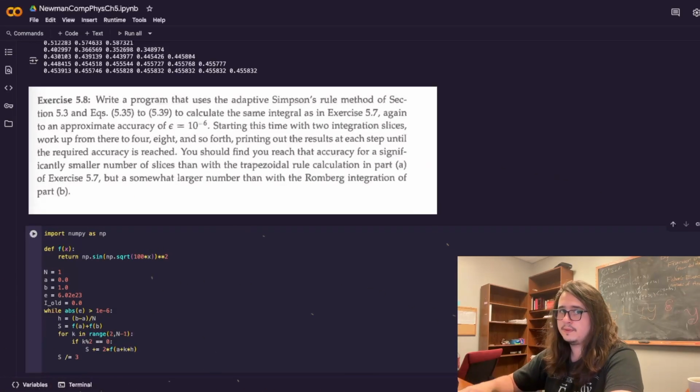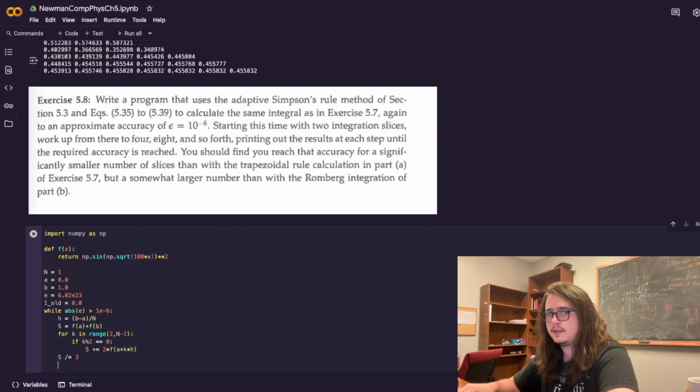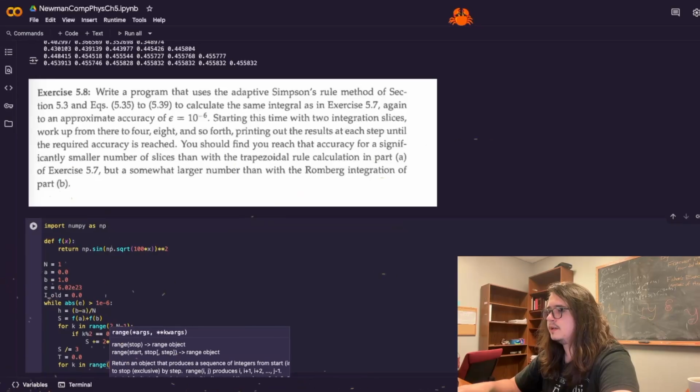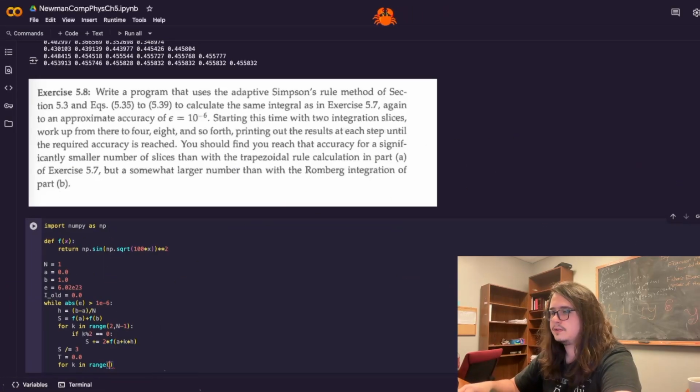Right. Then we also have to calculate a value for t. T has a starting value of 0 before the loop. So for k in range, this is where you catch the odd values of k.